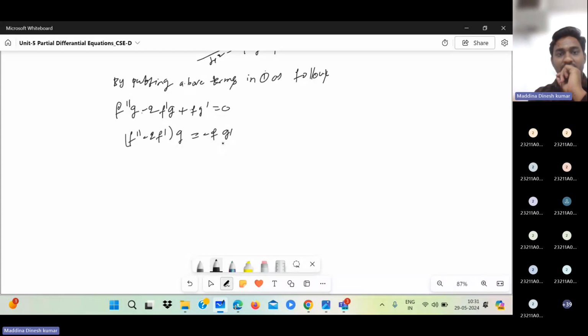Then I am going to transfer f from this side to this side, and g from this side to this side. So all f terms one side, all g terms the other side.